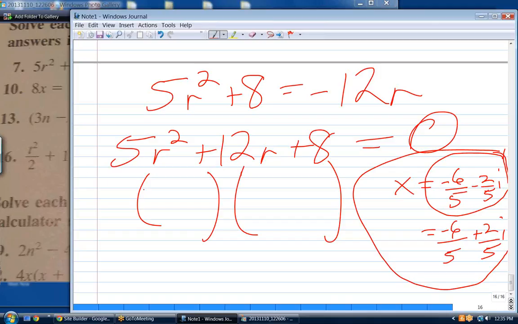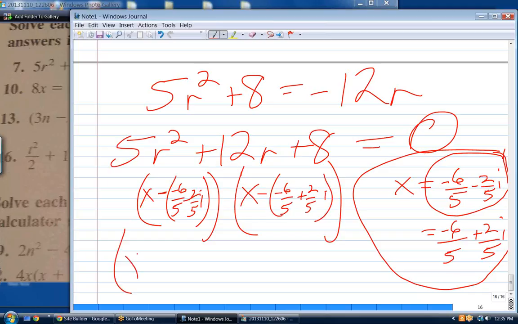notice that if I subtract this quantity, minus 6/5 minus 2/5 i, and I subtract this quantity, minus 6/5 plus 2/5 i, the answers end up being very familiar to what you would expect to get.